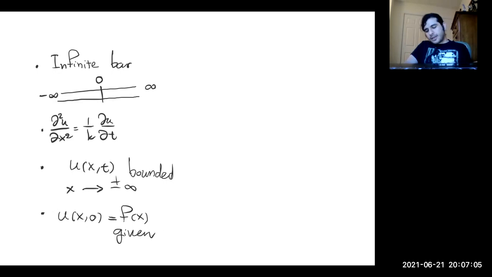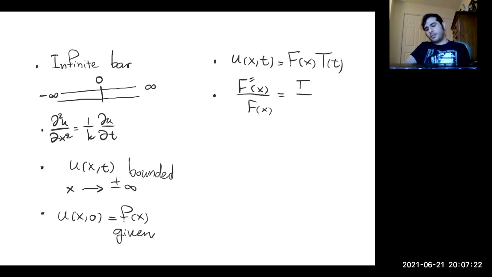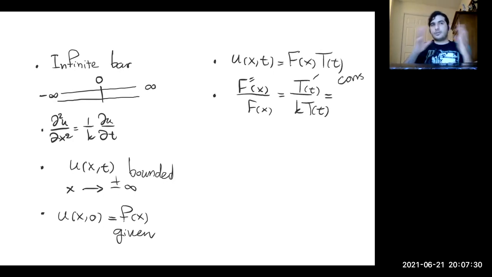So we do everything again similarly. We would write down u as a product of two functions, just like we did before. We would see that the second derivative of f over f would be equal to t prime over kt, which should be constant. Again, this constant should be negative.